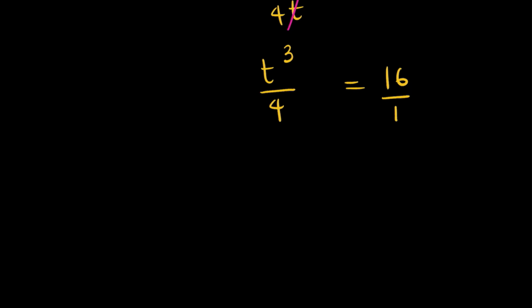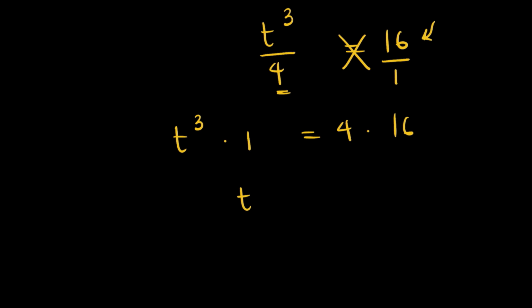Let us cross multiply. So we're going to have t raised to power 3 times 1 is equal to 4 times 16. This will give us t raised to power 3 is equal to 4 times 16, which gives us 64.